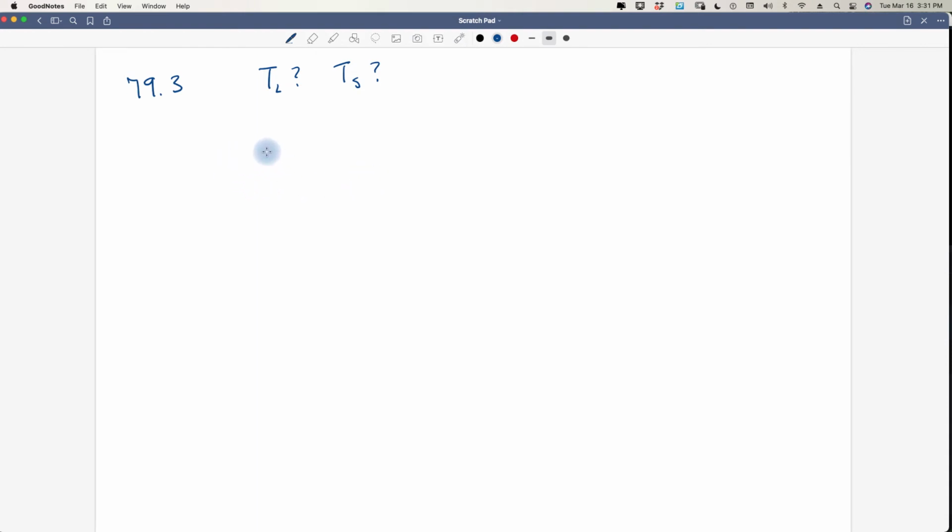We are told that R sub L times T sub L equals R sub S T sub S. We are also told that R sub L is equal to 40 and R sub S is equal to 80, and that T sub S is equal to T sub L minus 5.